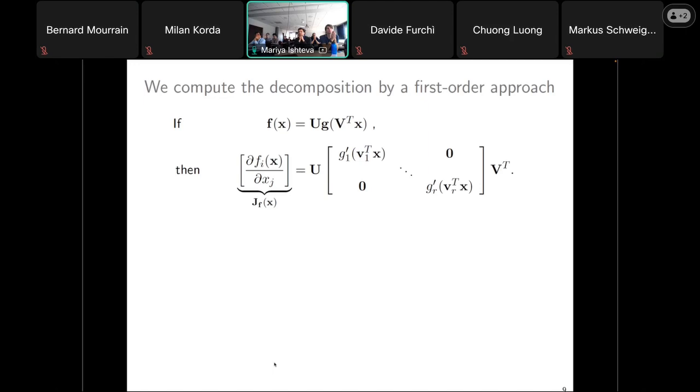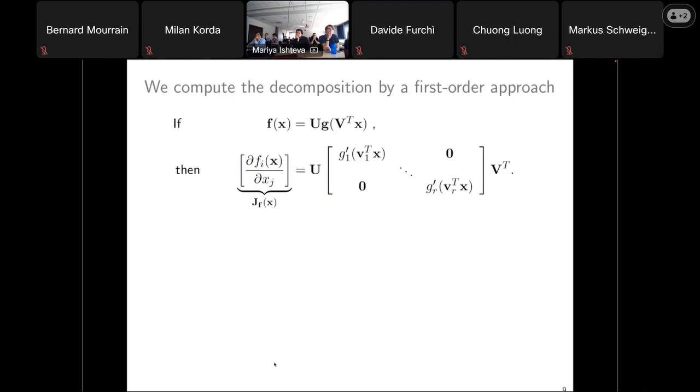So something strange happened here: when we took derivatives, this matrix in the middle became diagonal. Why is this? Because we take derivatives of every function with respect to every variable. But we said the functions in the middle, the g functions, are univariate. So they will create a non-zero entry only on the diagonal.